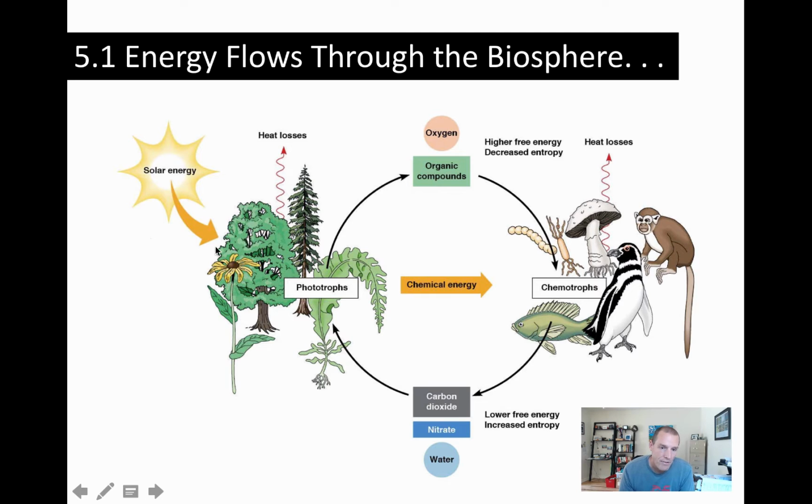Now, as the energy comes into the ecosystem and the producers engage in photosynthesis and other anabolic processes to build up macromolecules, some heat is lost to the environment. The reason we say that energy flows through the biosphere is that ultimately the energy starts off in the fusion reactions of the sun, but it streams and ends up being dissipated into the environment.